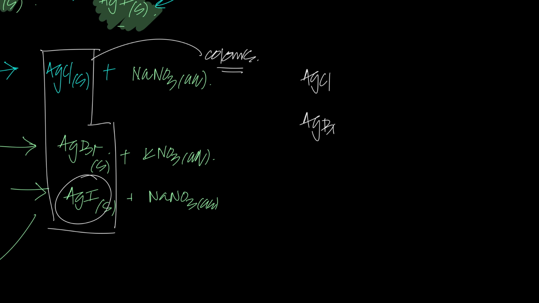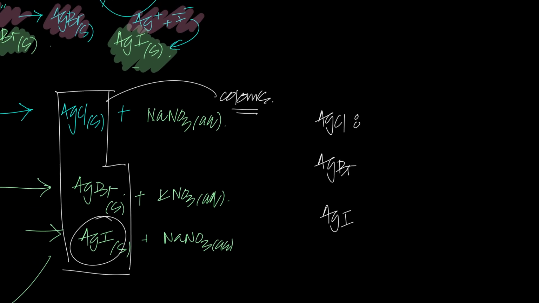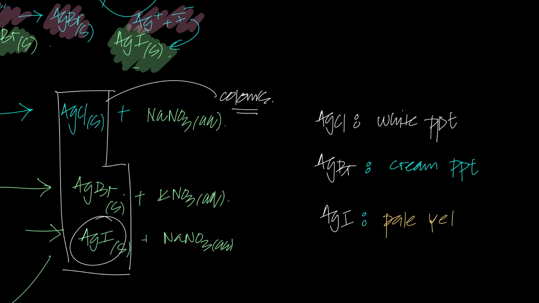So what do I mean? Silver chloride is a white precipitate. Silver bromide is a cream precipitate, whereas silver iodide is a pale yellow precipitate.